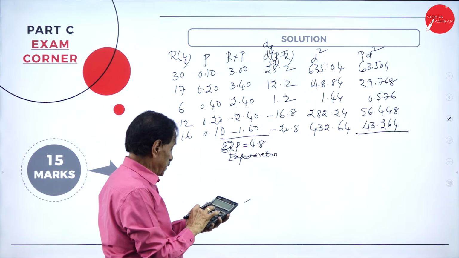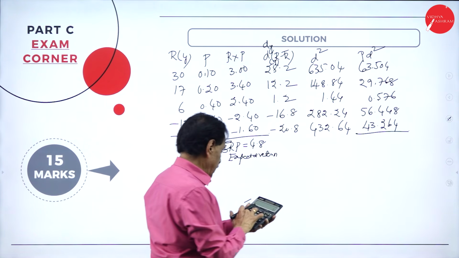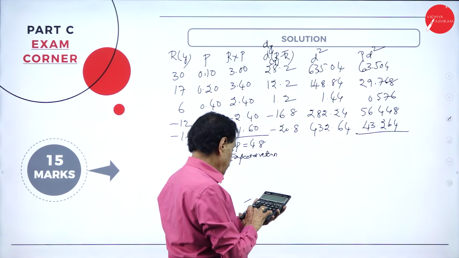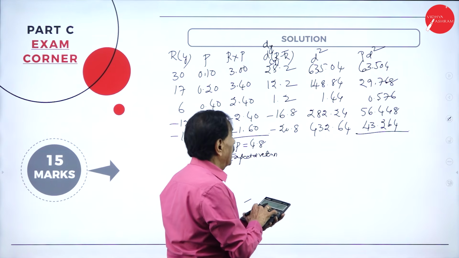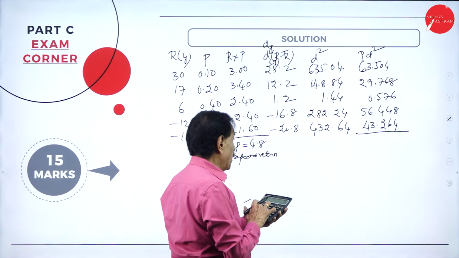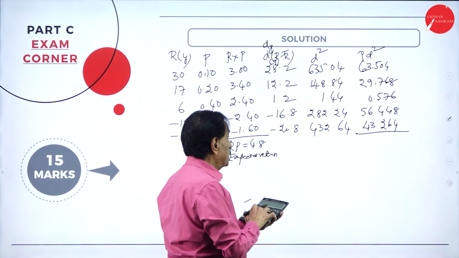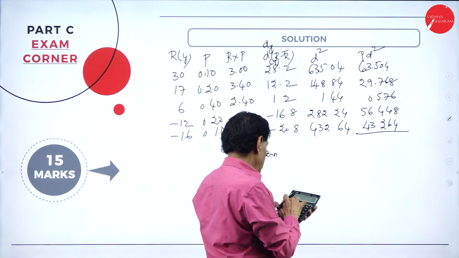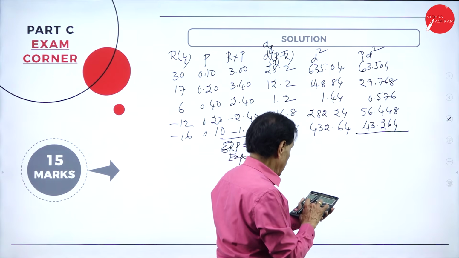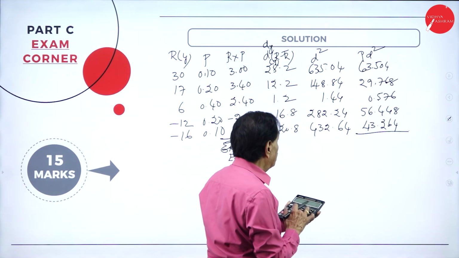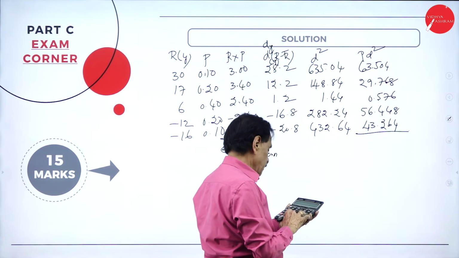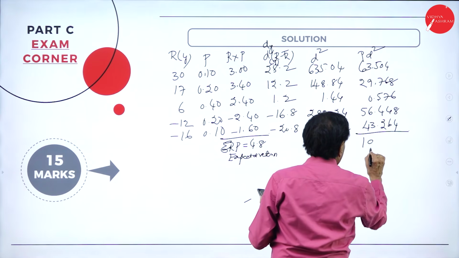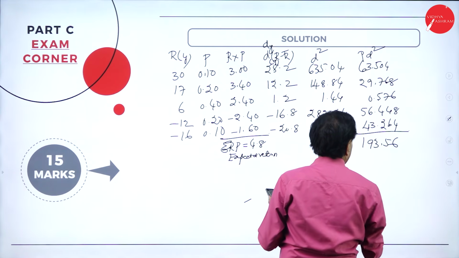Add: 63.504 plus 29.768 plus 0.576 plus 56.448 plus 43.264 is 193.56.